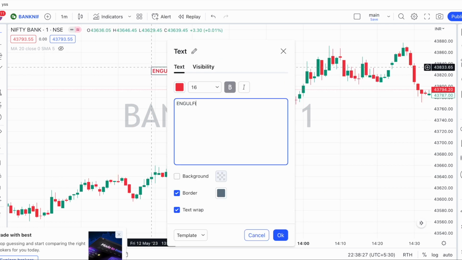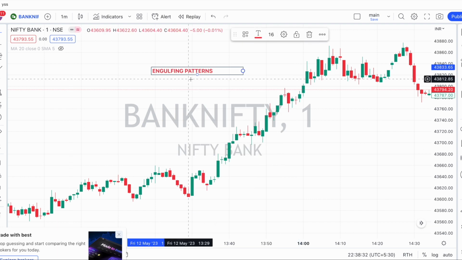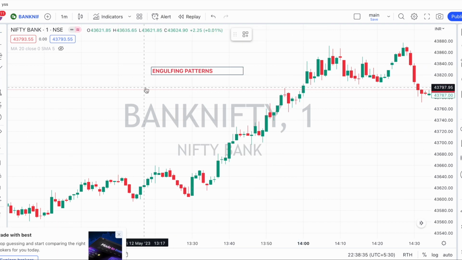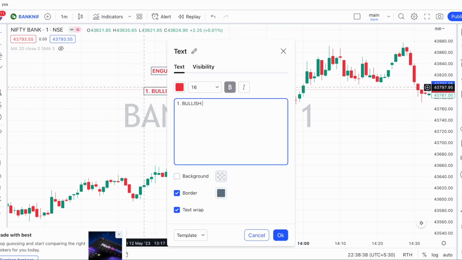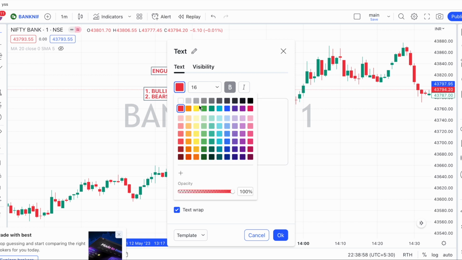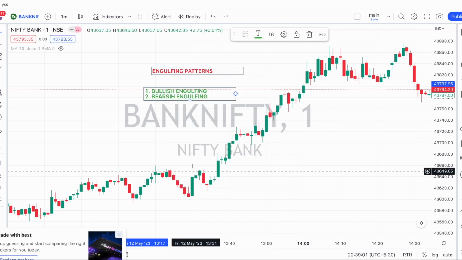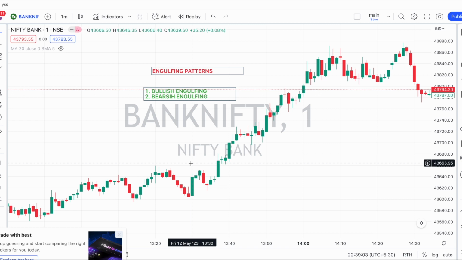Hello everyone, we are going to discuss engulfing patterns. Engulfing patterns are of two types. The first one is bullish engulfing, and the second one is bearish engulfing. So what is bullish engulfing?